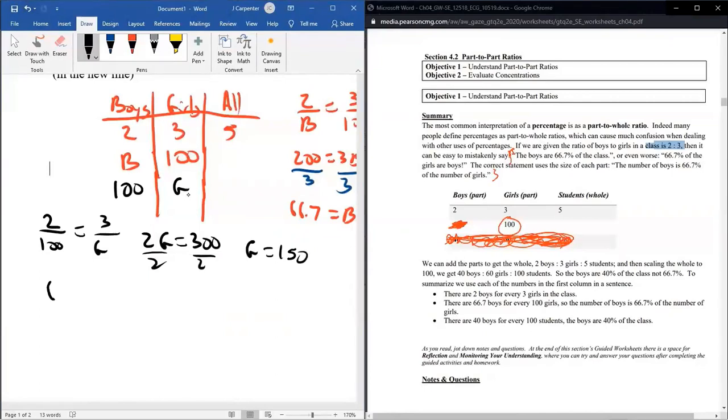So the number of girls is 150% of the number of boys. In other words, if there were 200 boys, you multiply it by 150% to get girls. So you multiply by 1.5 and you'd have 300. Again, nowhere in this statement was anything about all because we didn't use the 100 in the all.